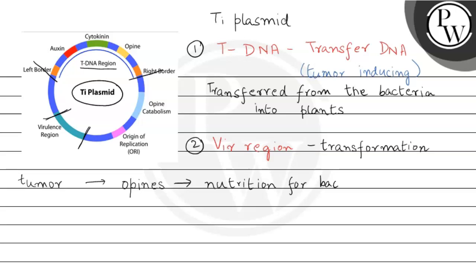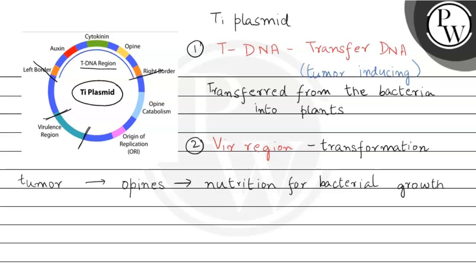So when the tumor is formed in the plant cells, the bacterial growth is induced in the plant cells. Therefore, the Agrobacterium thrives in tumor cells. So this is how the infection of Agrobacterium into the plant cells helps the bacteria.